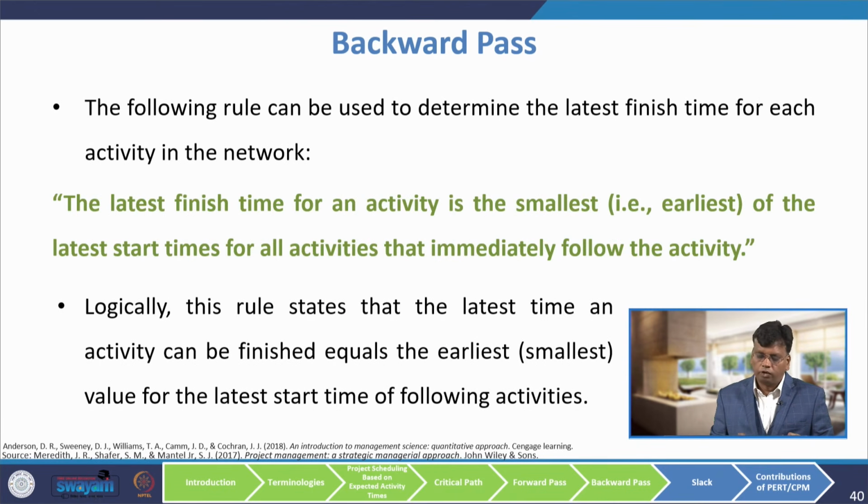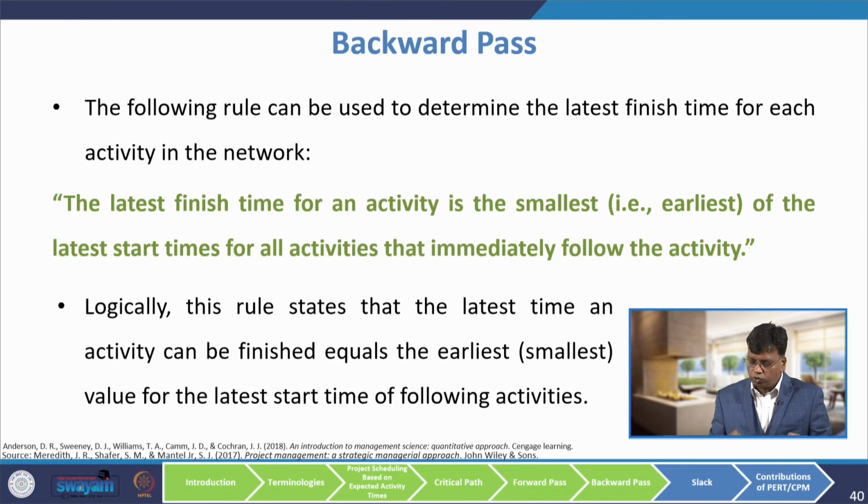What is the backward pass rule? The following rule can be used to determine the latest finish time of an activity. The latest finish time of an activity is the smallest of the latest start times of all activities that immediately follow it.